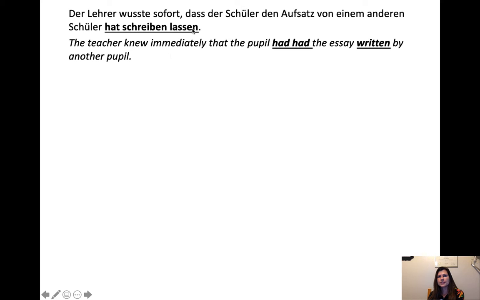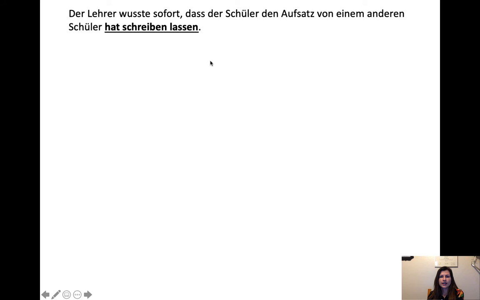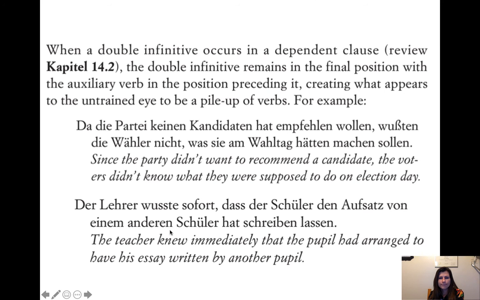So we learned that lassen is actually what you use when you get your hair cut, or when you get yourself divorced, or when you have someone fetch something for you, you have someone do something for you, that's actually lassen. So they translated it as the pupil had arranged to have his essay written. Look at this, had arranged, have written, that's 4 verbs.